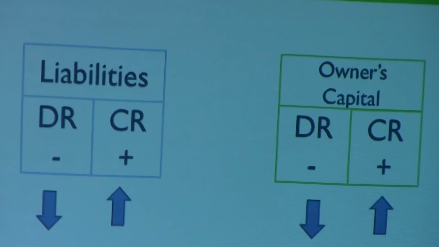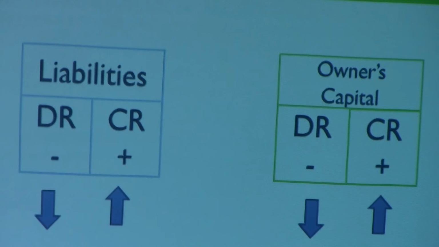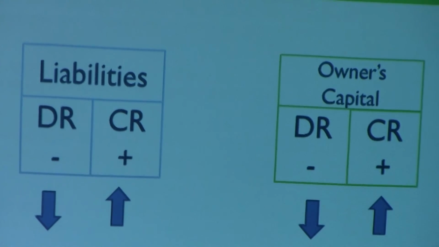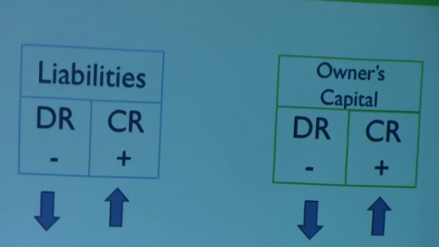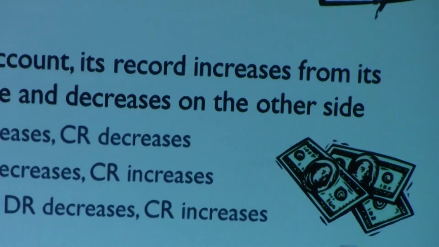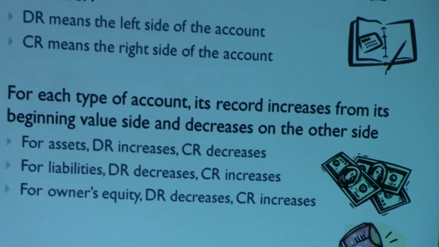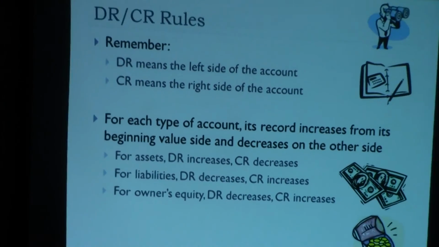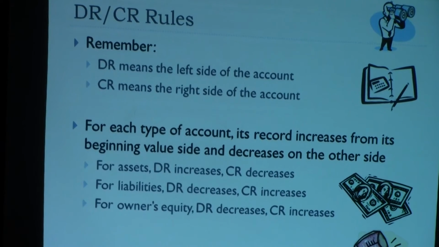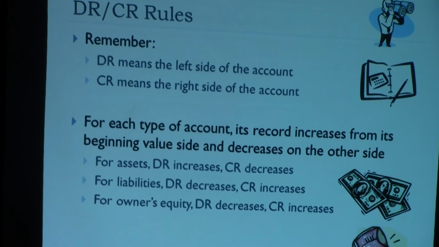It is extremely, extremely critical for everyone to understand the relationship between debits and credits and assets and liabilities and equities and how they affect each other. So, remember, debit means the left side of the account, credit means the right side of the account. It has no other meaning in accounting.